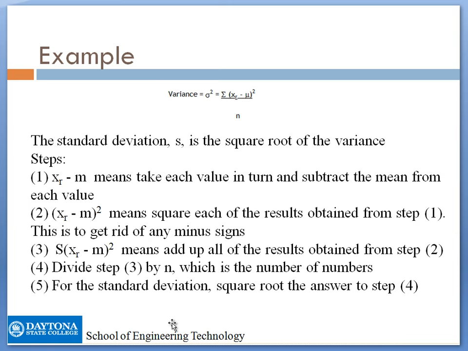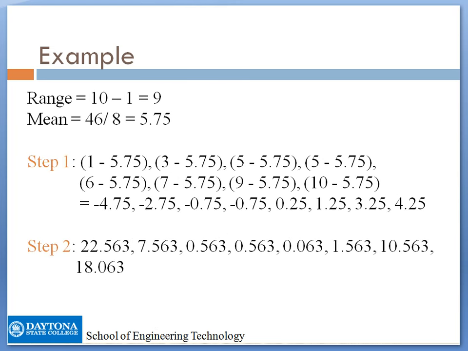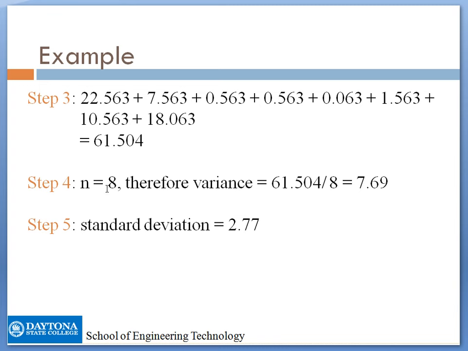Then you have to divide them by n, and then that will give you the variance. And then to get the standard deviation, you will have to get the square root of that value. It tells you how to solve it. So you first get the range, you got the mean, and then you work each step by step to get the variance and the standard deviation.